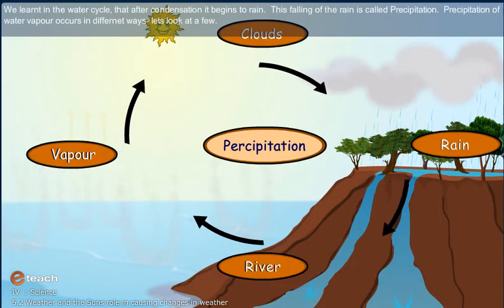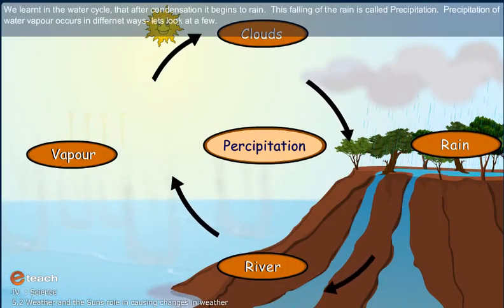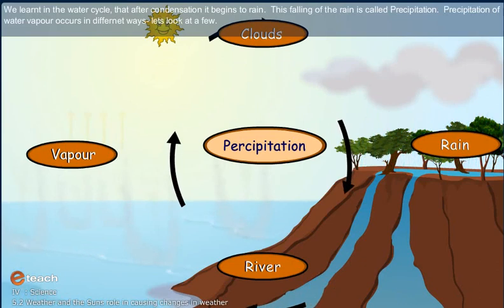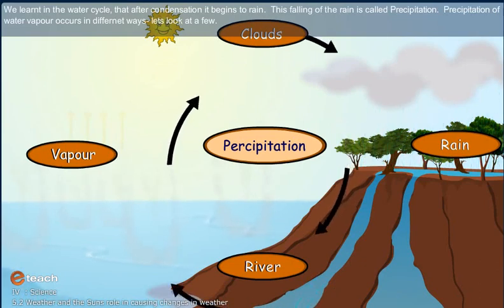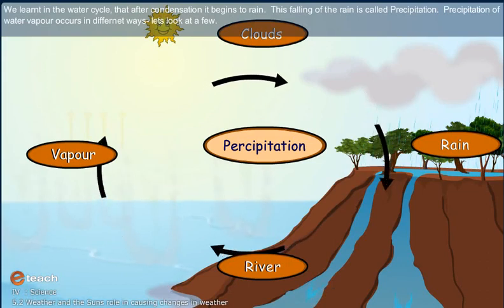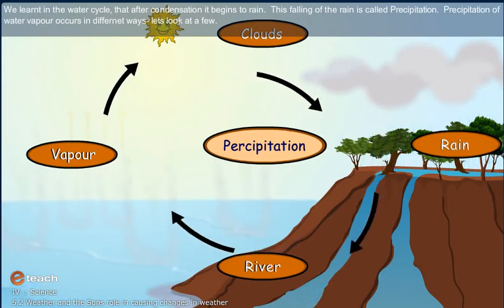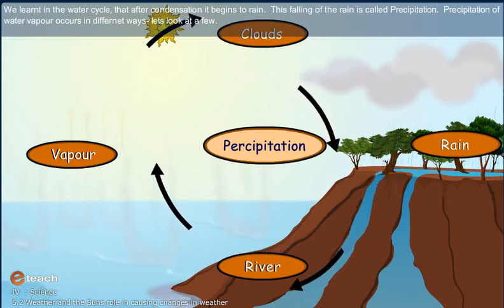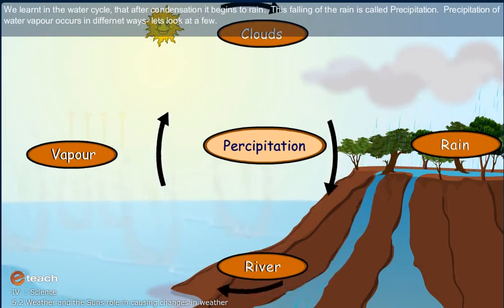We learned in the water cycle that after condensation, it begins to rain. This falling of the rain is called precipitation. Precipitation of water vapor occurs in different ways. Let's look at a few.